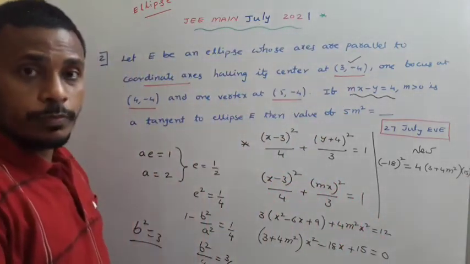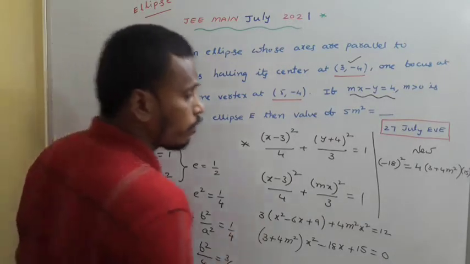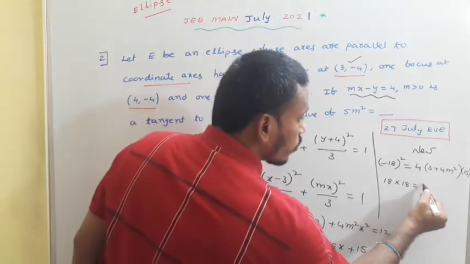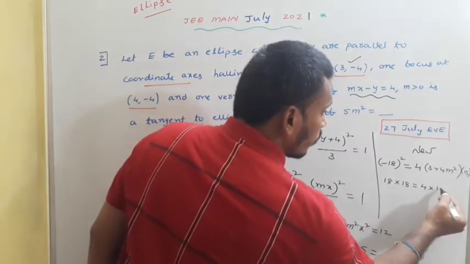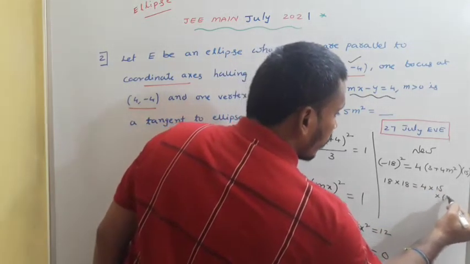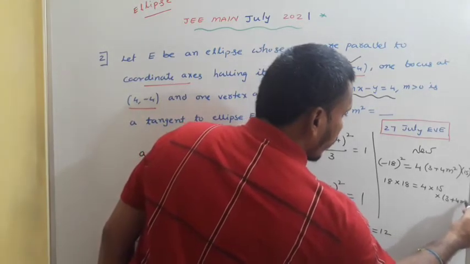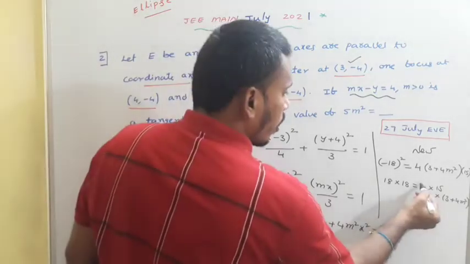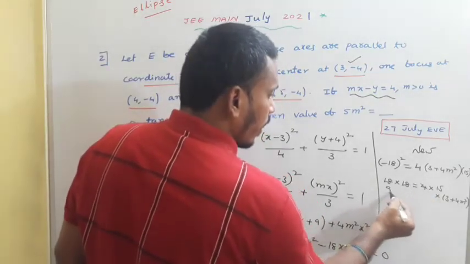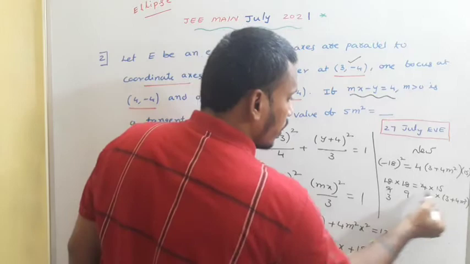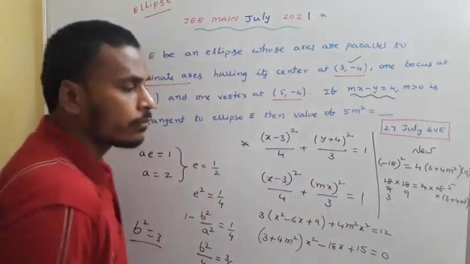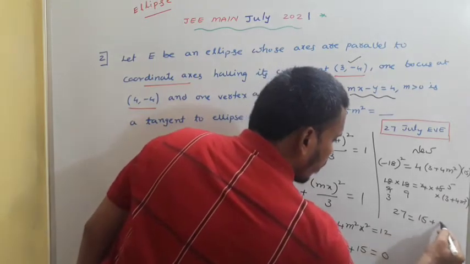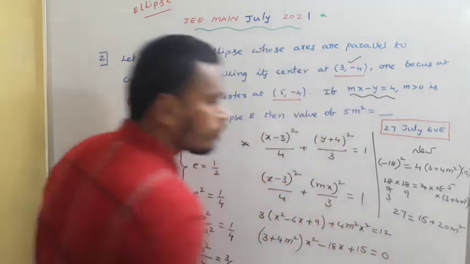Since it has equal roots, b^2 = 4ac when compared with the quadratic. 18 squared, 18 into 18, equals 4 into 15 into (3 + 4m^2). Try to simplify. 2 twos, so 9, 9, and then 3 threes, 3 fives.